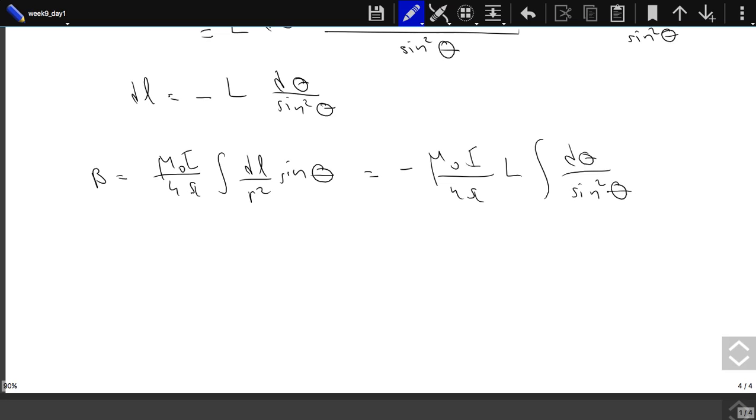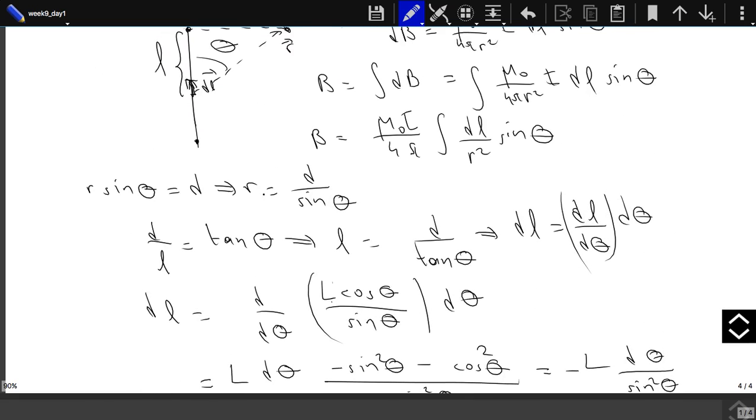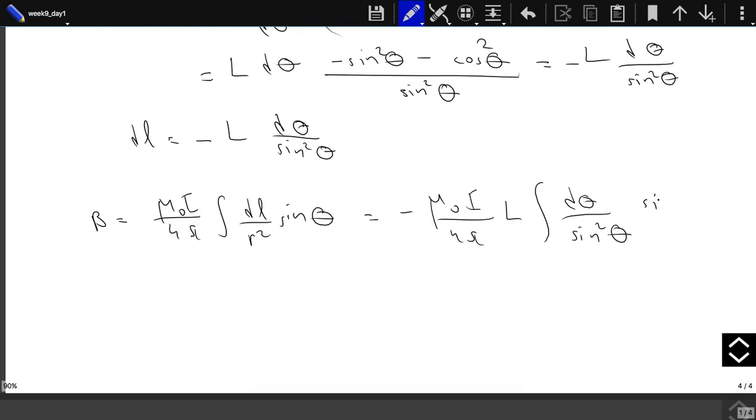Minus L, I already took it out of the integral. Then I have 1 over r squared, but r is this one over here. R is given here, so 1 over r squared is nothing but sine squared theta over L squared, times sine theta over L.